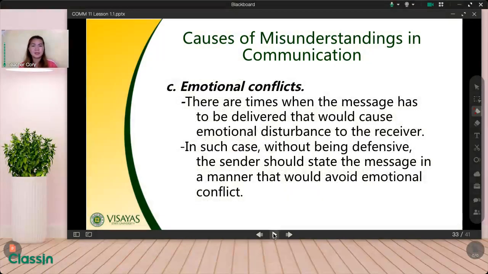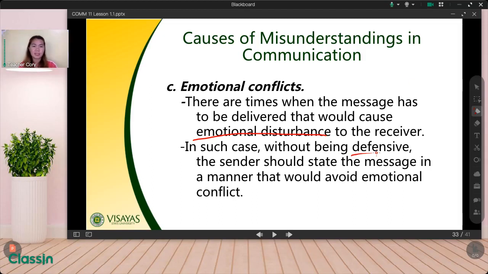Next, we have emotional conflicts. Emotional conflicts also affect communication because there are times when messages delivered would cause emotional disturbance to the receiver. That will become a filter in receiving messages.